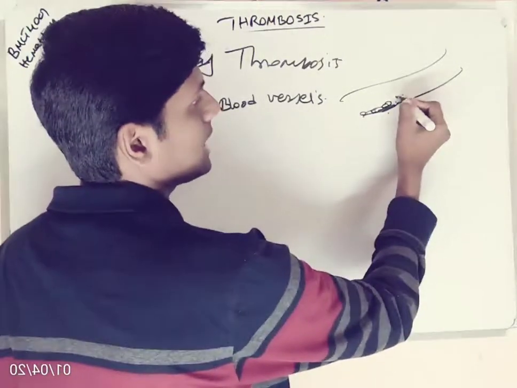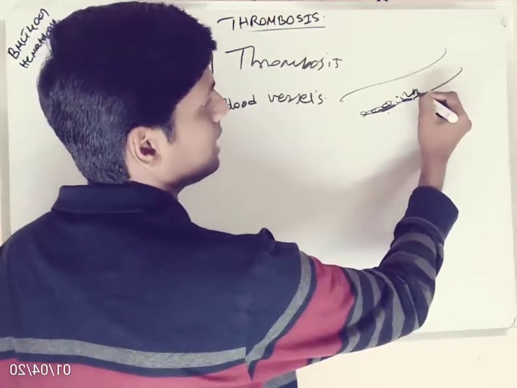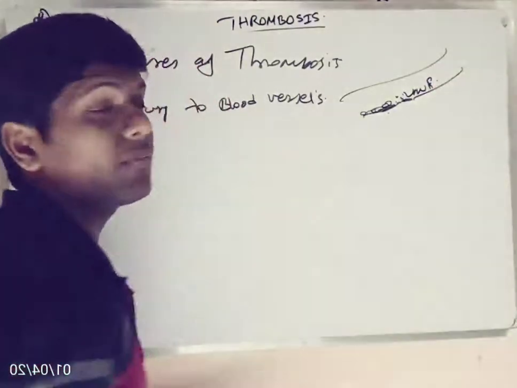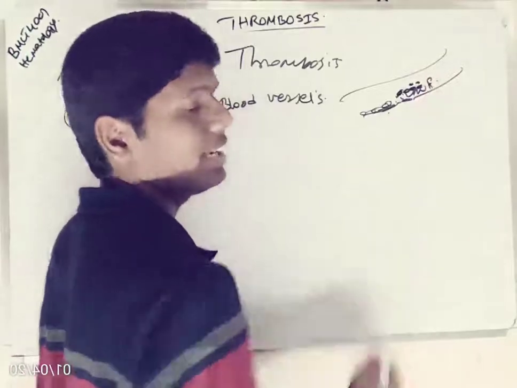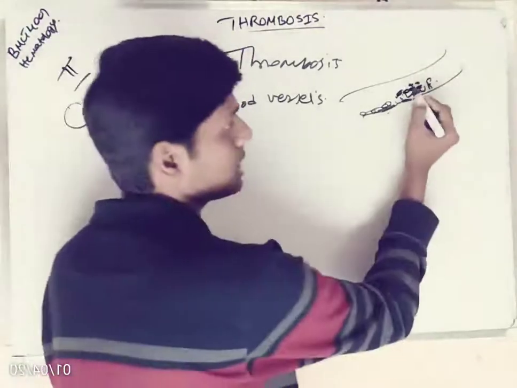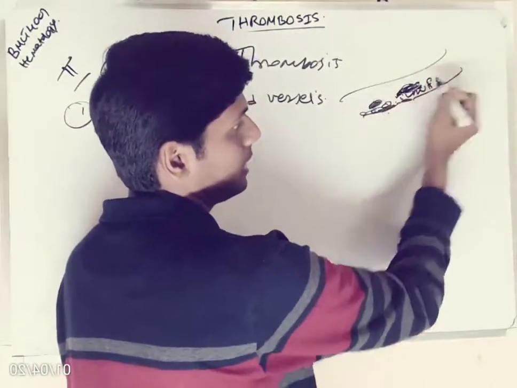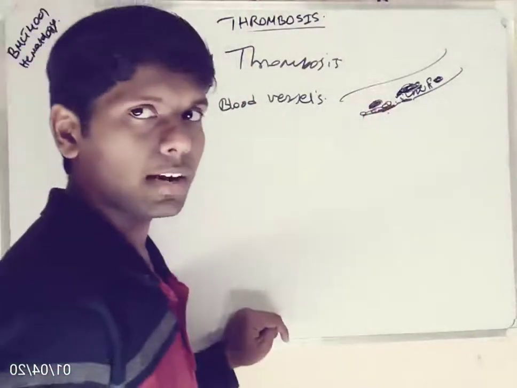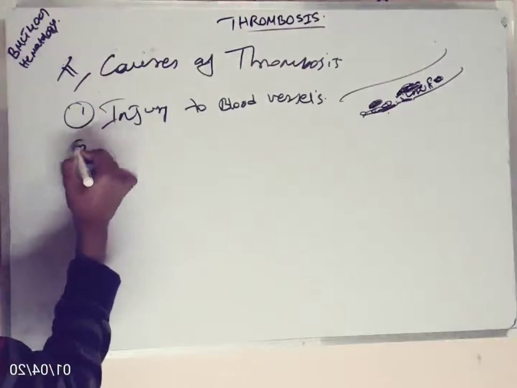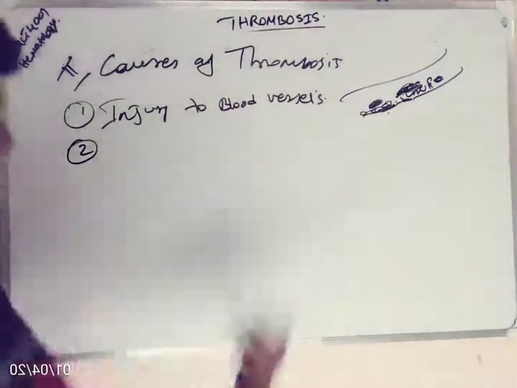These endothelial cells will release von Willebrand factor, and this von Willebrand factor in turn activates platelets to adhere, and these platelets will get activated and they will form small clots. So injured blood vessels can produce thrombus generation. So that is how injured blood vessels will make thrombus formation.